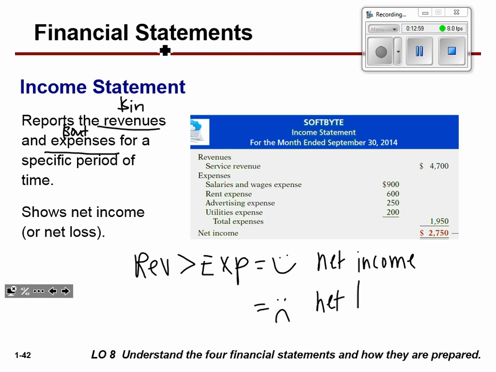Do you think net losses ever occur? They do. And that is when revenue is less than expenses. So you made money, but you had way more bills.